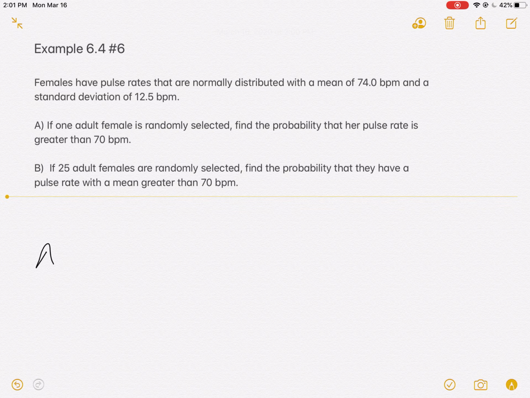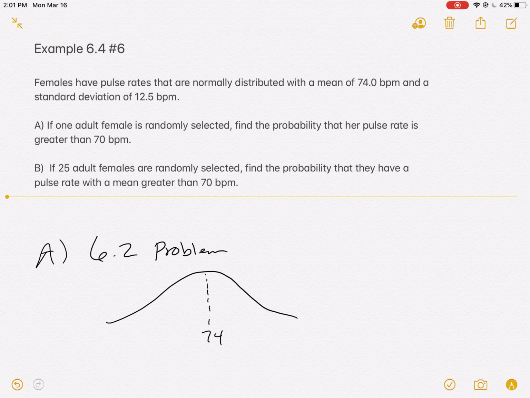As we look at part A, we're selecting one person, so this is really a 6.2 problem. So we got some more practice with 6.2. We know that female pulse rates have a mean of 74, and they're asking for the probability that a randomly selected female has a pulse rate above 70. From our experience in 6.2, that's not a problem.